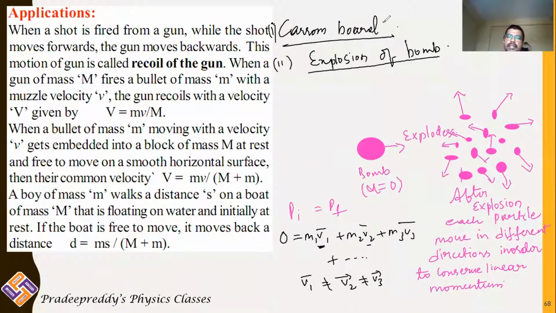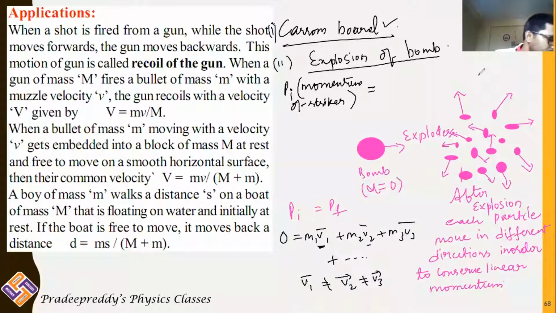Same thing happens in the case of the carom board also. The striker will be initially in motion, and the striker will possess some momentum. So that means initial momentum is equal to the momentum of the striker, and all the remaining coins are in the rest position.